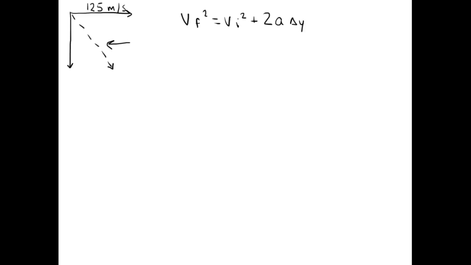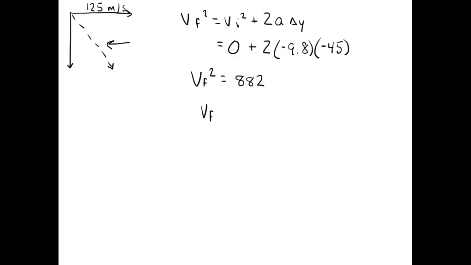This will give me my final velocity in the y direction. So my v initial in the y was 0, plus 2 times negative 9.8 times negative 45, equals, I get Vf squared of 882, square root both sides, and a final Vf in the y direction of 29.7 meters per second. That is that piece right there.